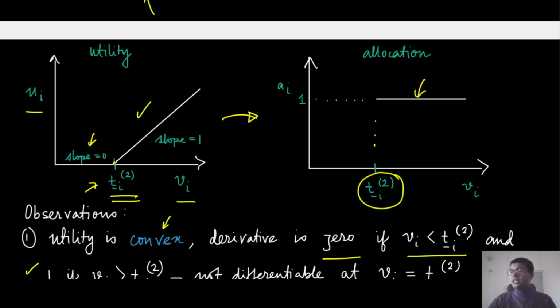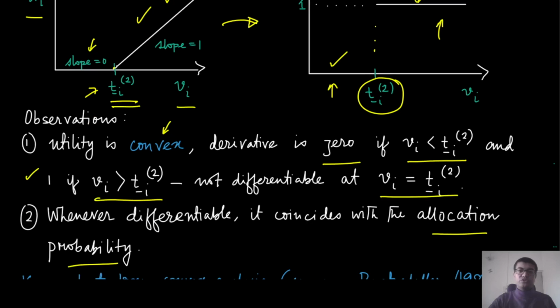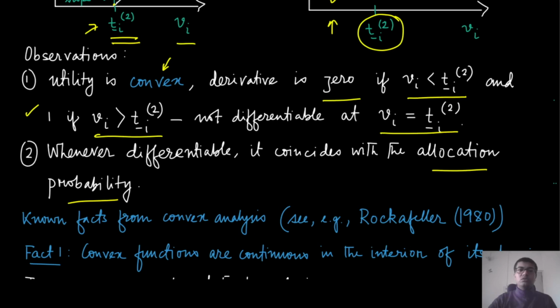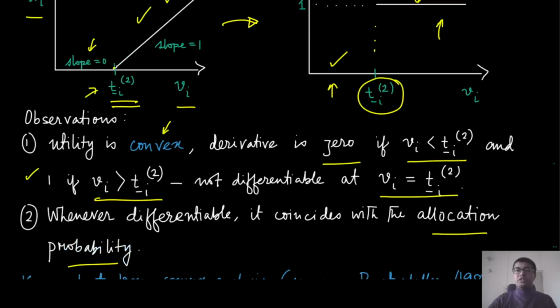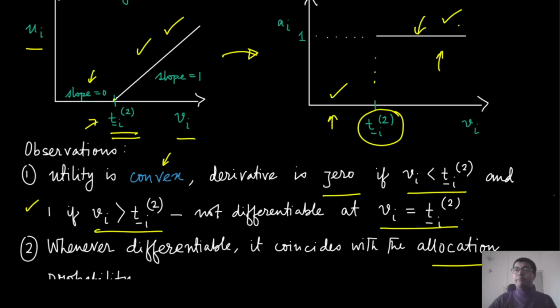But whenever it is a clear winner here or here, the derivative of this utility function is actually the allocation. And similarly here, this is the slope that was 0, and allocation was also 0. So these are two important things that we will come back to when we actually give some results.